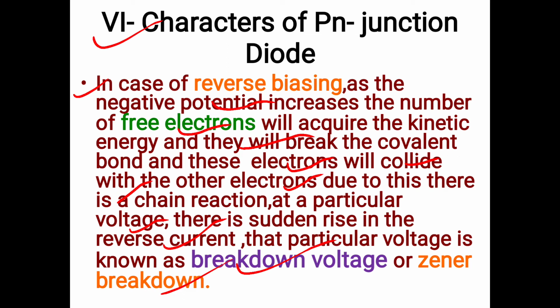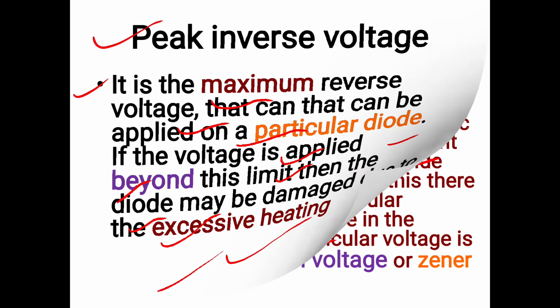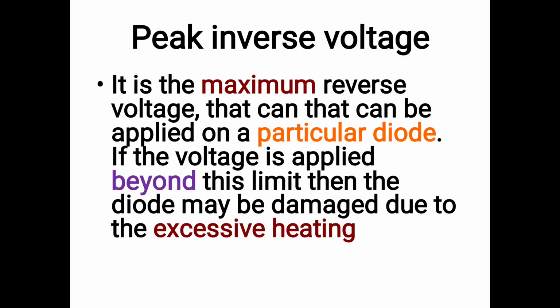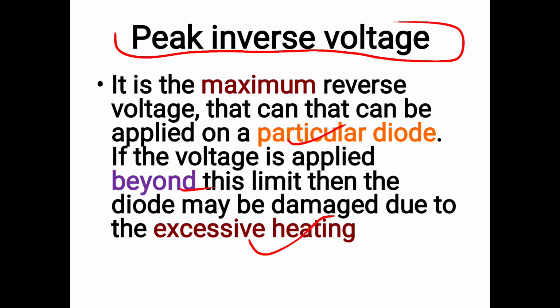There is one important point to be noted for the reverse biasing or reverse VI characteristic of the PN junction diode. This point is the peak inverse voltage. Peak inverse voltage is the maximum reverse voltage that can be applied on a particular diode. If the voltage is applied beyond this limit, then the diode may be damaged due to excessive heating.